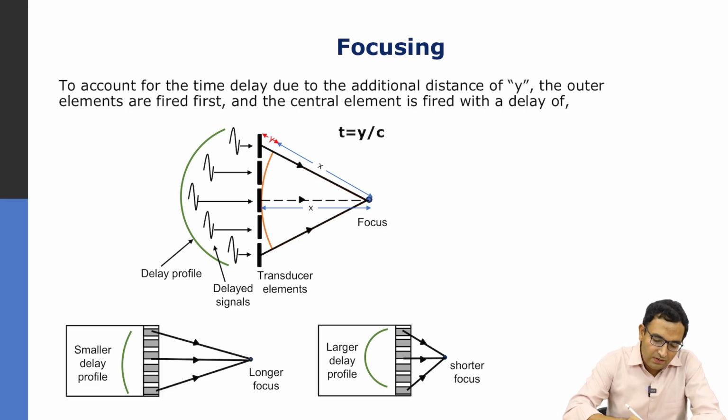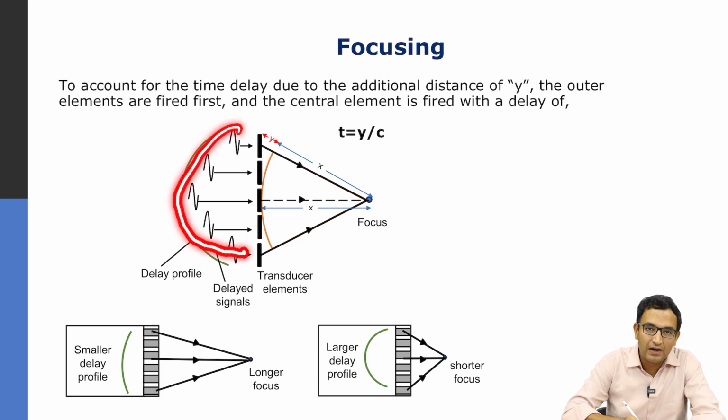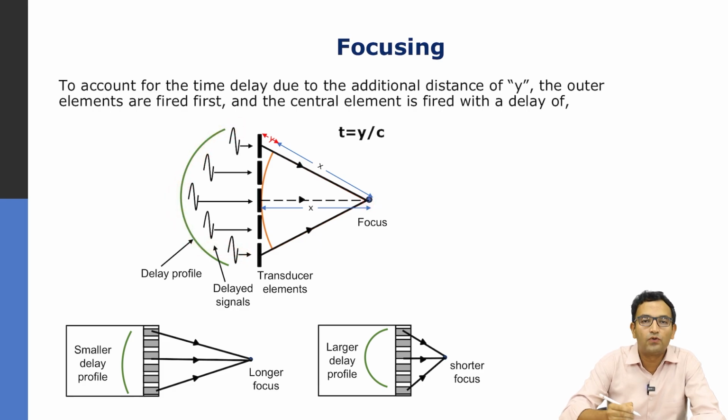One way of visualizing it is: I fire the element in the center first, after some time I fire the two elements located nearby, and after some more time I fire the elements on the extreme, with time increasing along this axis. If I apply this spherical delay profile, it turns out that I will get focusing at this point.